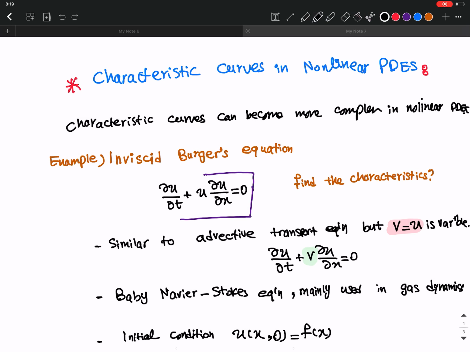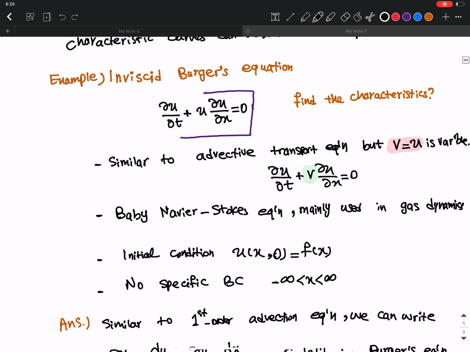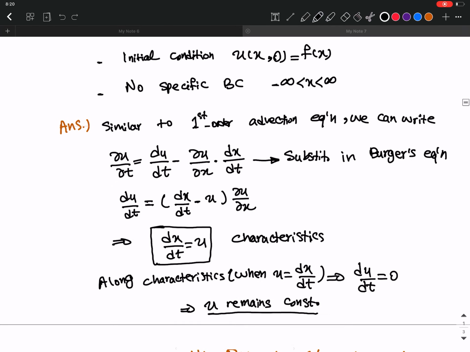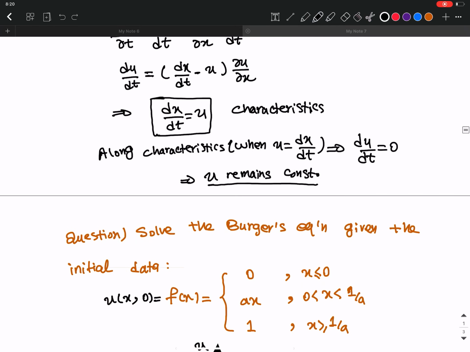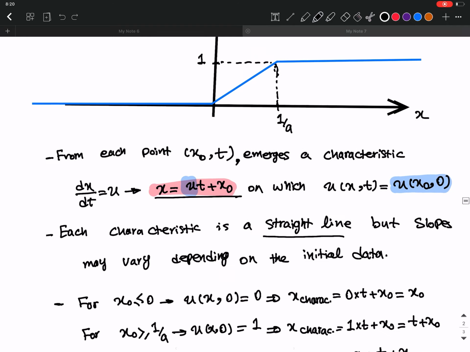So we gave an example with Burgers' equation, which is similar to the advective transport equation, but we just changed the v to u, and then it became a nonlinear equation. And then we tried to solve this equation with a given initial data, just for this shape. I just note that if your initial data is different, your characteristics are also going to look different.